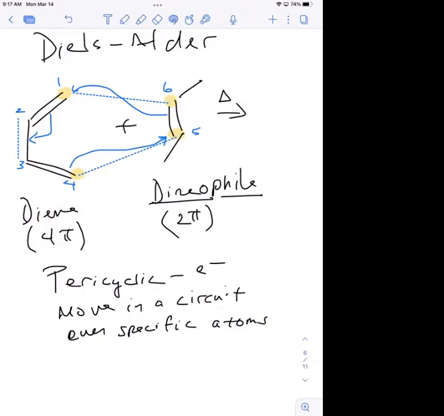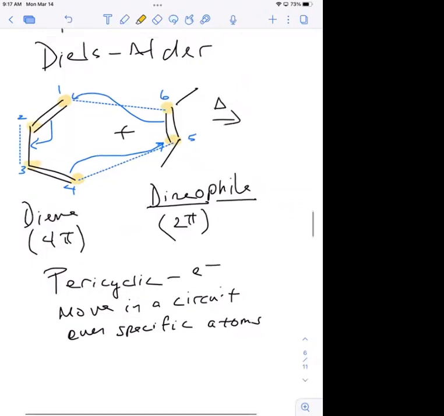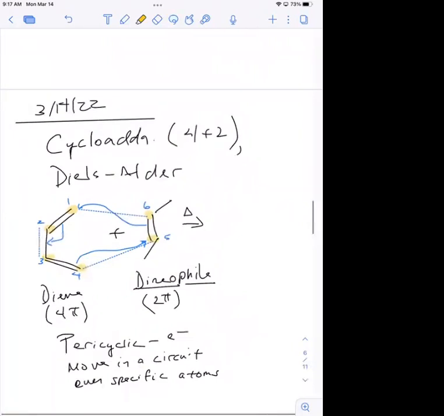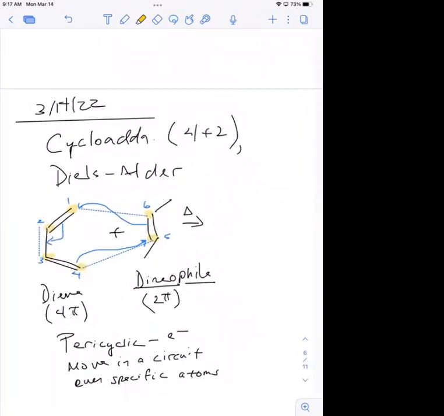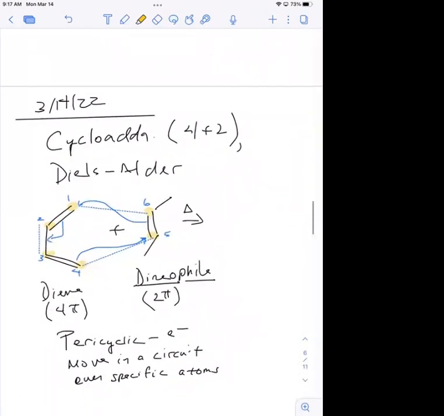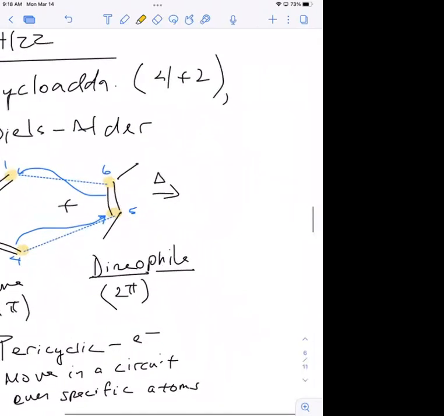Only these atoms are involved, and you can see the 6 atoms that are here. Any substituents don't get involved in the actual reaction. You can also see that this is setting us up for the formation of a 6-member ring. So the final product is going to look like this. Let me just draw the ring out.